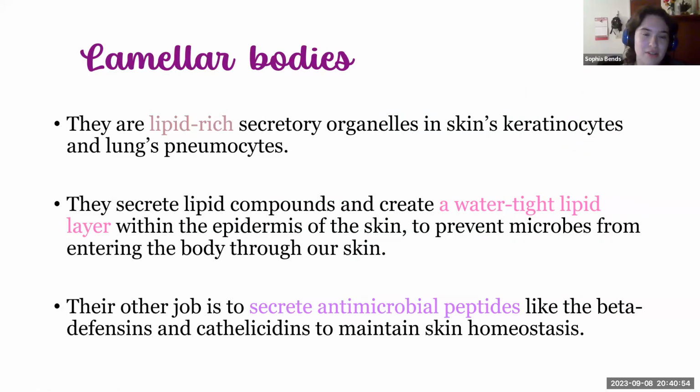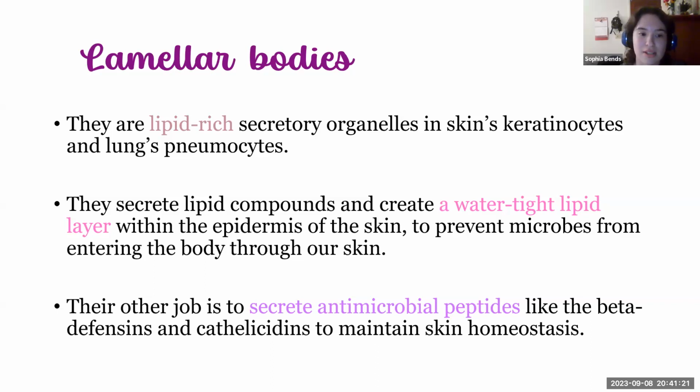So lamellar bodies are basically organelles in the skin's keratinocytes, which produce keratin, a protein that makes up our hair, and in the lungs' pneumocytes, which are cells lining the air sacs in our lungs. They release beta defensins, which will be talked about later in our video. They also secrete lipid compounds that create a watertight lipid layer within the epidermis of the skin in order to prevent microbes from entering the body.